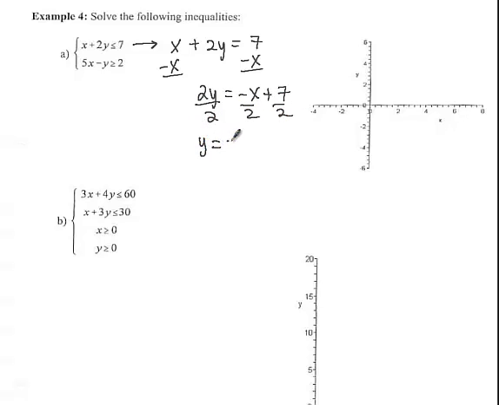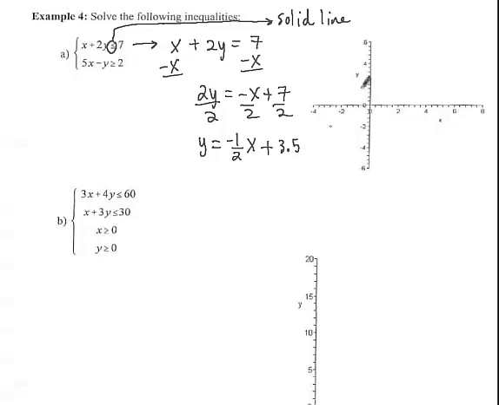And we get y equals negative, and we could write this as a negative half times x, and then plus 7 over 2, in decimal form 3.5. This gives us a better idea as to where our y-intercept is going to fall. We have a less than or equal to sign for the inequality, and so this means a solid line for the first one.